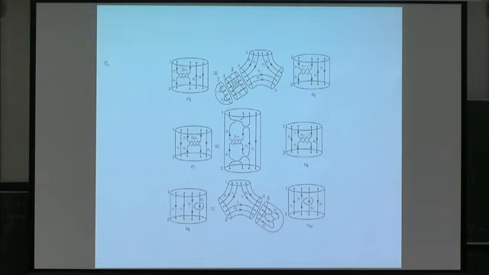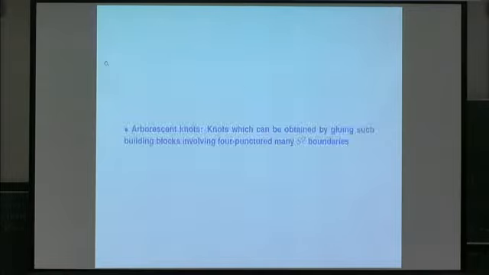We can systematically go from one to the other in this fashion. So states of this type, states of this type, all of them can be computed. So arborescent knots by definition are knots which can be obtained by gluing such building blocks involving 4 punctured S2 boundaries. So that's the definition of the arborescent knots.